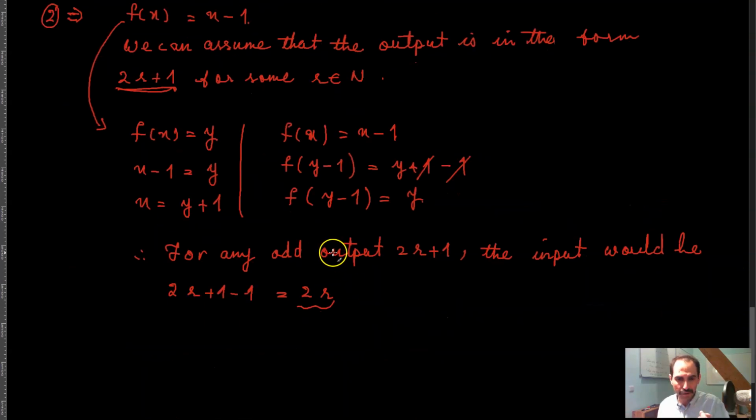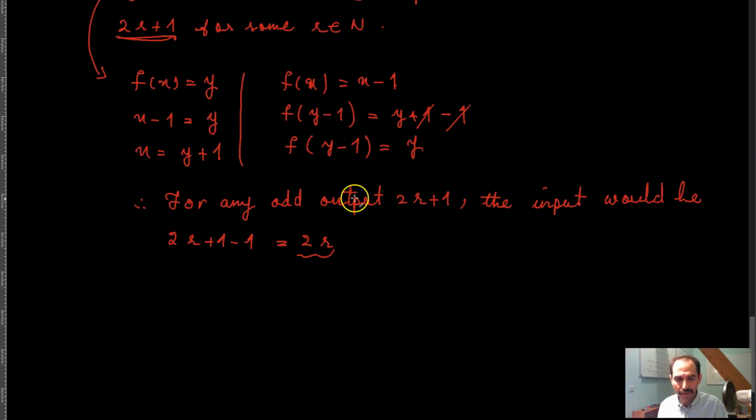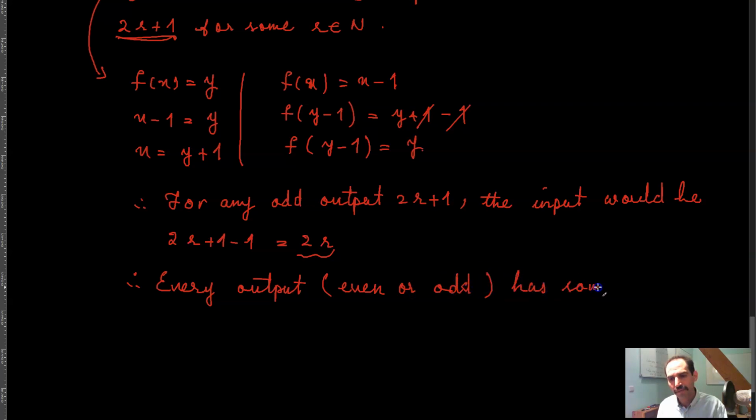Over here we established that all of the odd outputs are the images of some element in the domain of the function, which means that every output, even or odd, has some preimage in the domain of the function, and therefore f is onto.